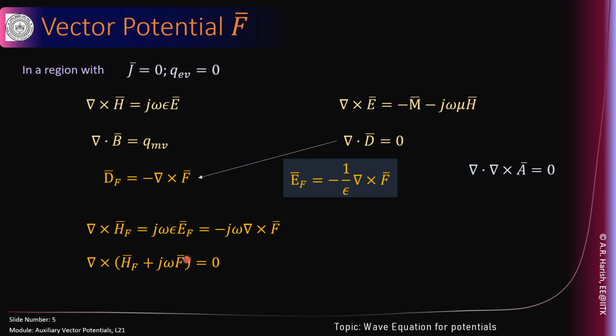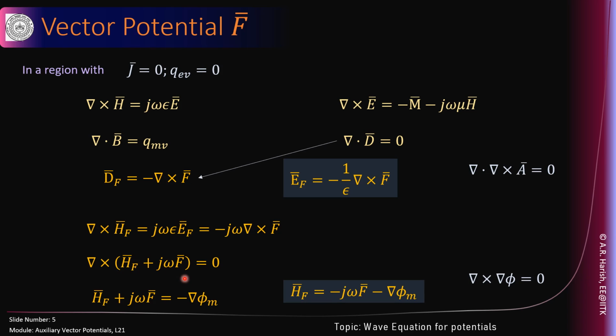We take this term to the left hand side and define a scalar potential phi such that the gradient of phi is equal to this quantity here, and that phi we call phi_m. H_F is therefore expressed in terms of F and phi_m via this equation, very similar to what we did with A and phi_e. So here we are expressing the fields in terms of vector potential F and scalar potential phi_m.